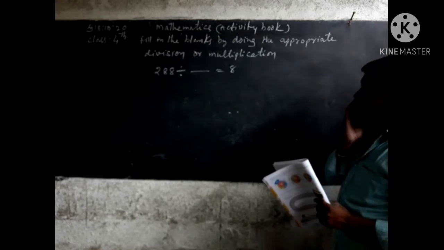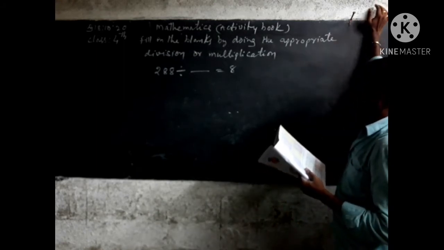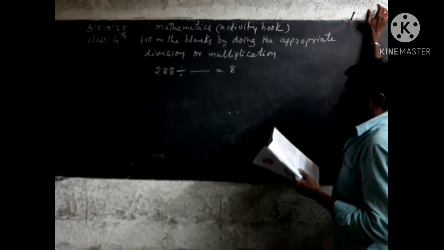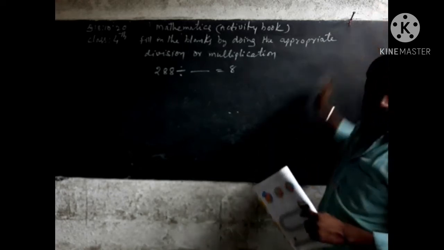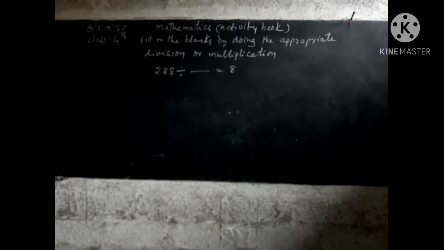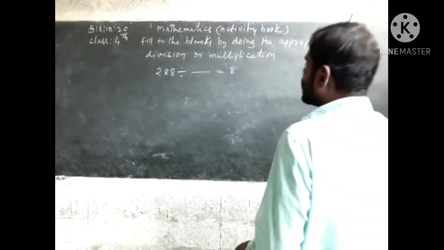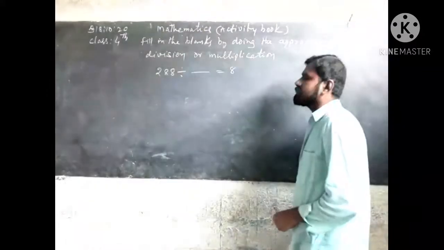So what do we have to do? See here, 288 divided by dash is equal to 8.